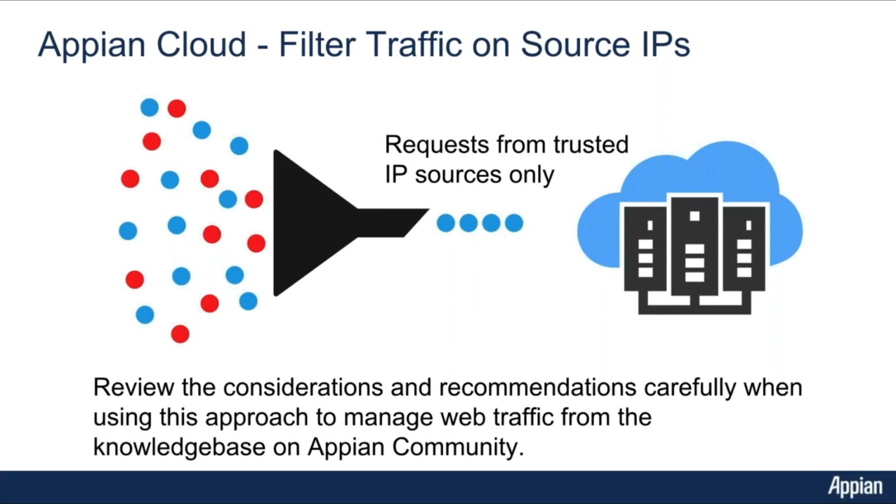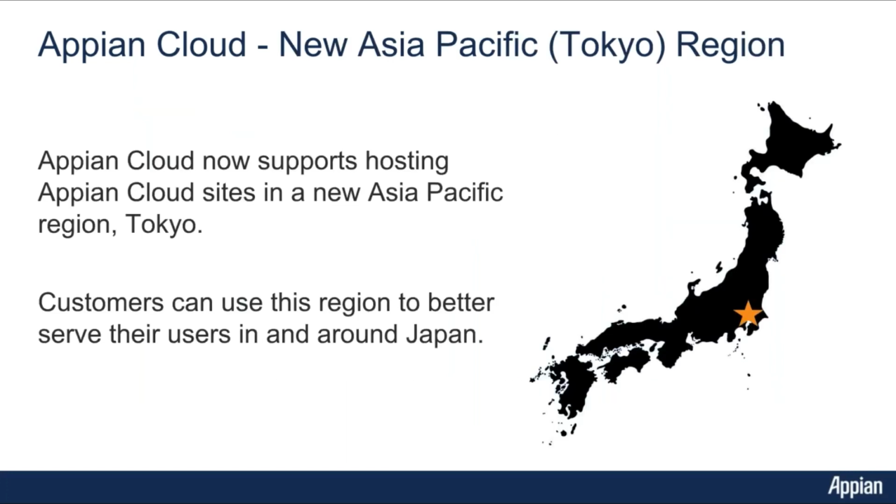So maybe you have a domain of IPs that you're expecting from your corporate headquarters, for example. We can then say you can only receive input to the Appian Cloud environment from those specific IP address ranges. You do want to review the considerations and recommendations carefully when using this approach to manage web traffic from the knowledge base on Appian community.